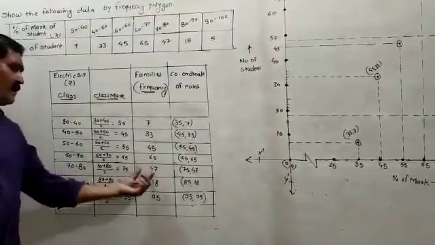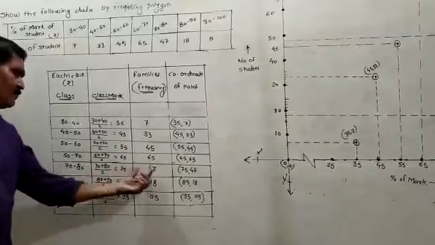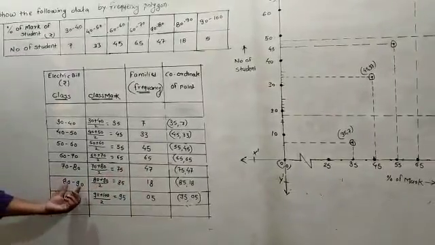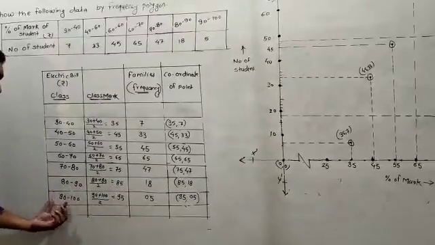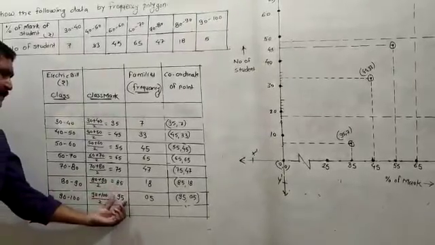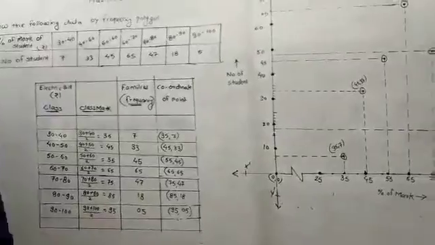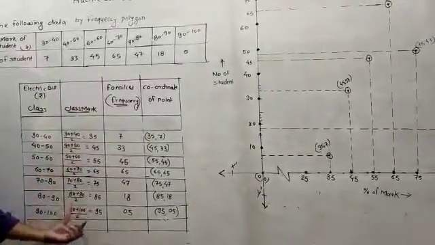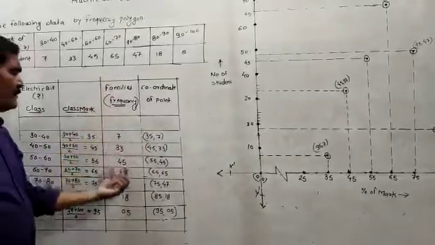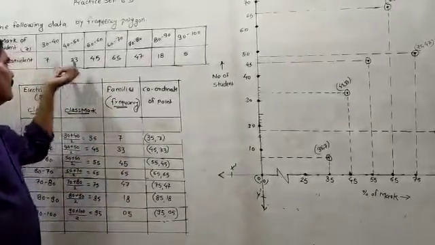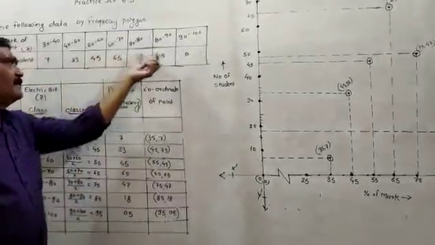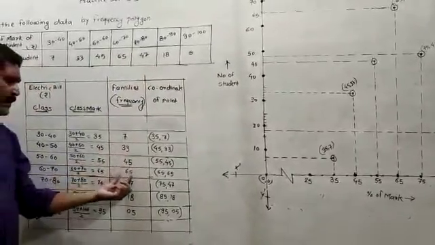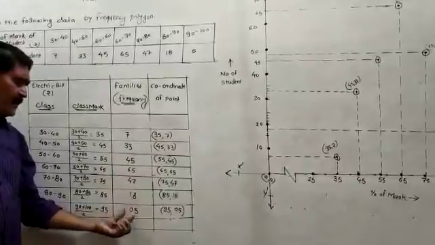The 70 to 80 class has the class mark 75, the 80 to 90 class has the class mark 85, and 90 to 100 has the class mark 95. In this way you have to find the class marks. Simultaneously you write the frequencies: 7, 33, 45, 65, 47, 18 and 5.